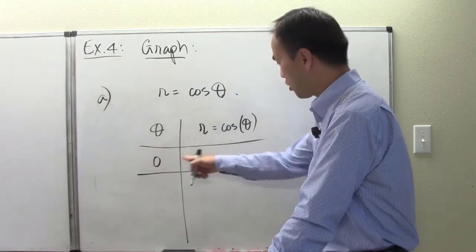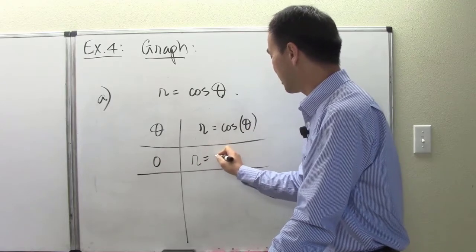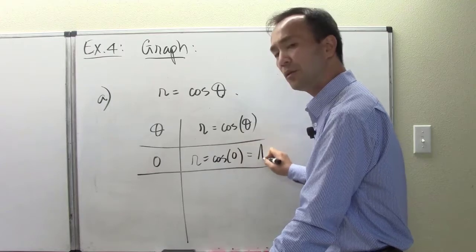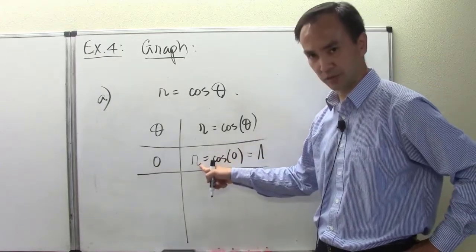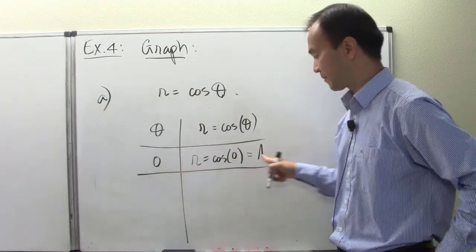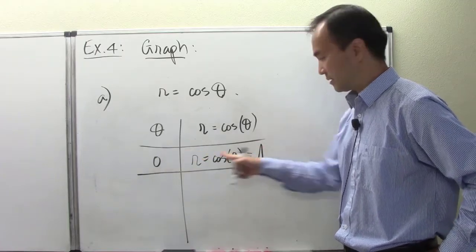And so cosine of 0 gives me 1. Okay, this is the actual calculation. So our radius will equal 1 when angle theta is 0.